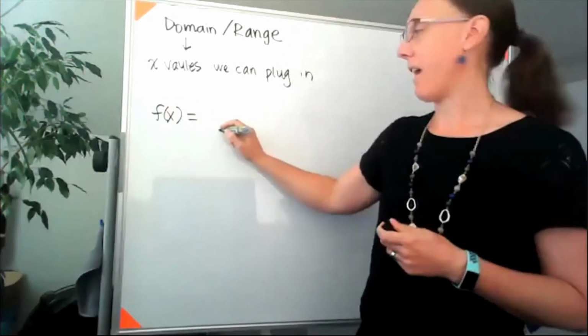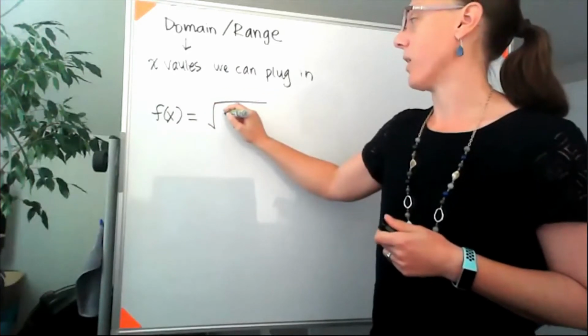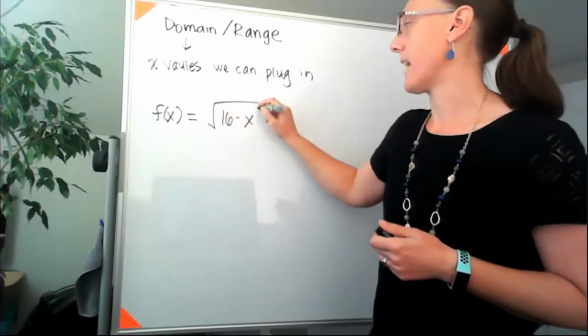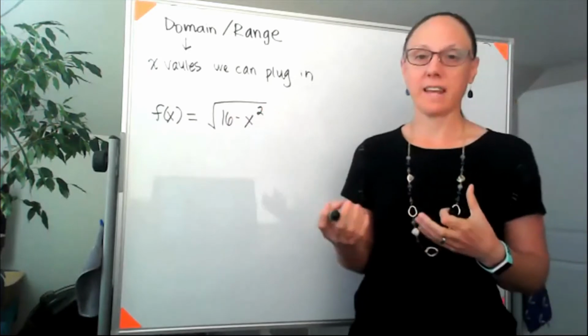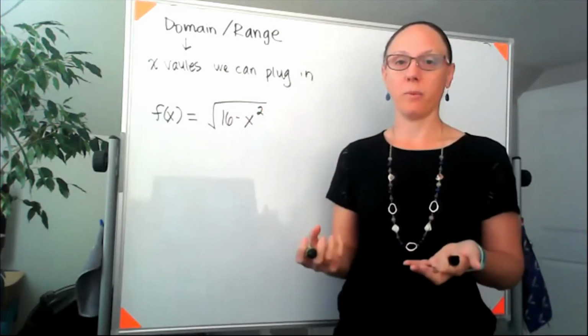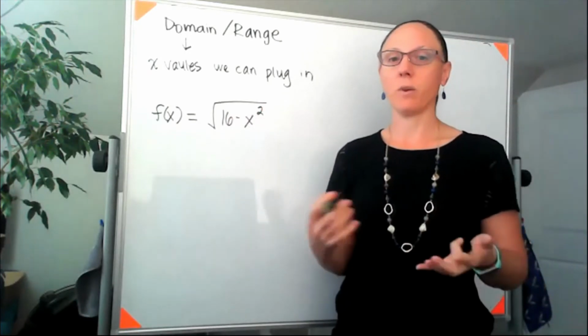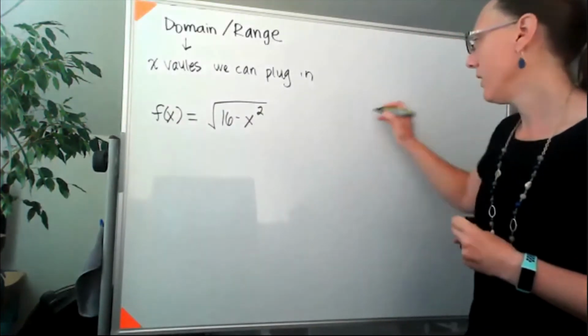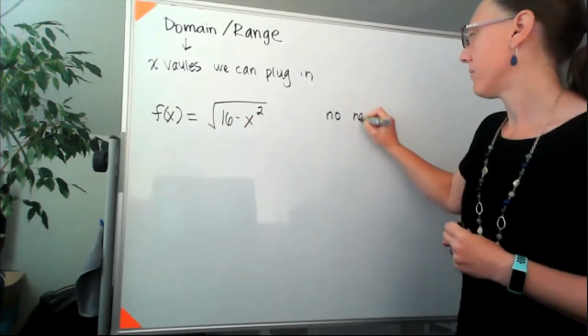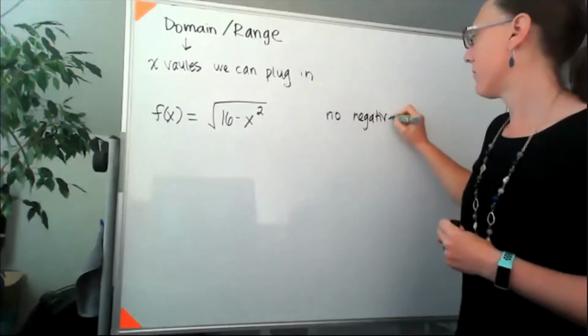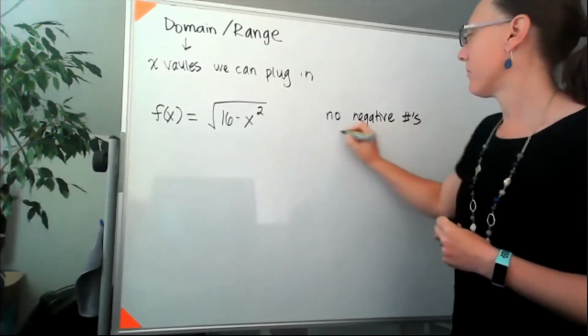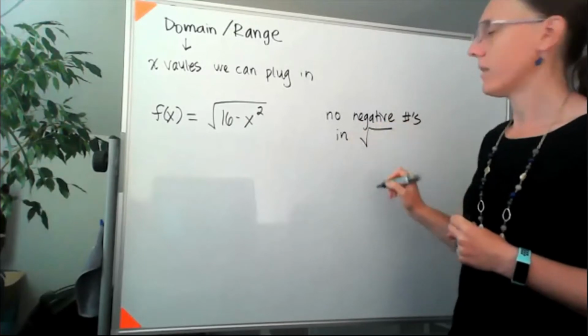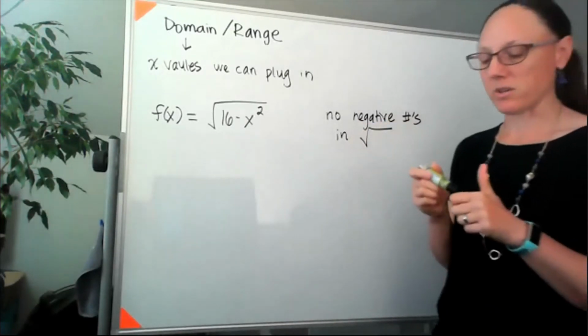So if I said that f of x was equal to the square root of 16 minus x squared, then the thing that could go wrong with domain is that we don't want to have negatives inside of the square root. I don't want negative numbers inside the square root.